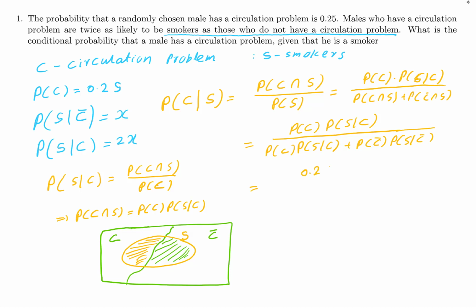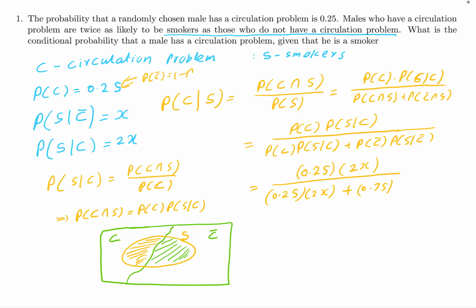Probability of C is 0.25, and probability of S given C is 2x, divided by probability of C again, 0.25 times 2x, plus probability of C complement.